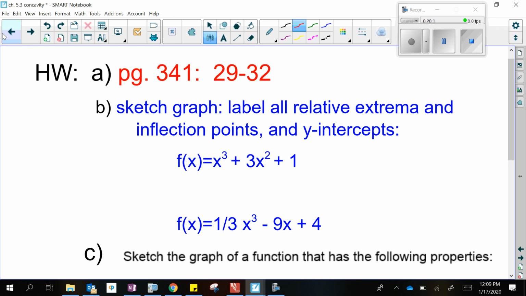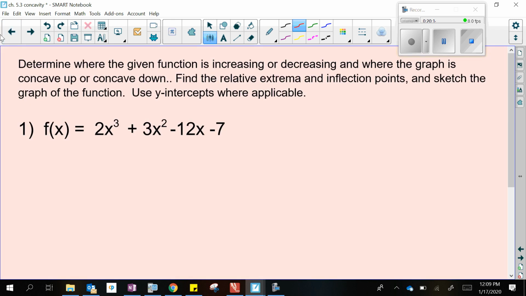All right, so we're going to first take the first derivative and process it through, right? Find the mins and max, etc. Then we're going to take the second derivative, find the inflection points, then we're going to throw it all on a graph, okay? All right.